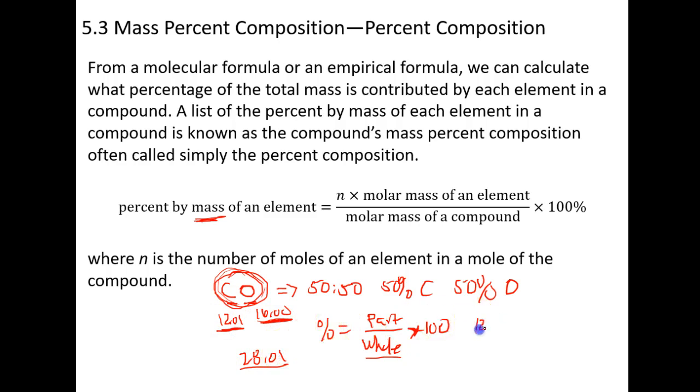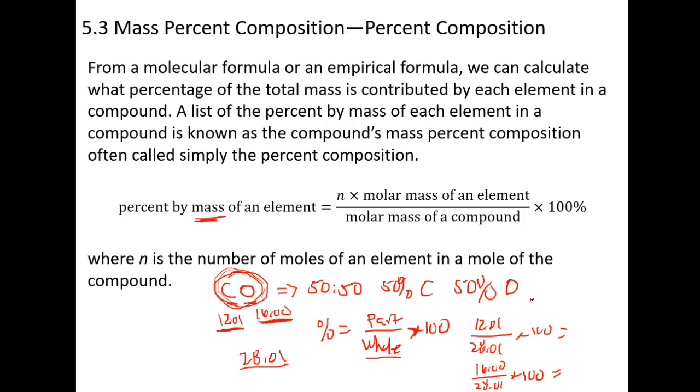So if you take 12.01, the part, divide it by 28.01 times 100, and then if you take 16.00 divided by 28.01 and multiply that by 100, right? You will get the mass percentage of each of those atoms in the molecule.